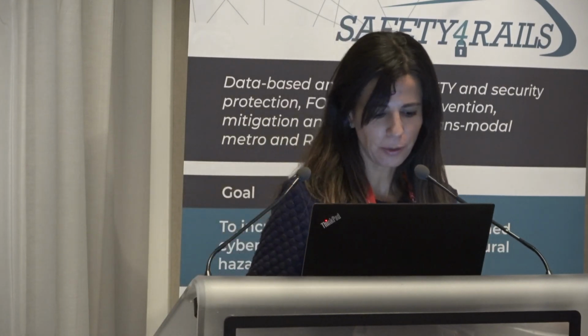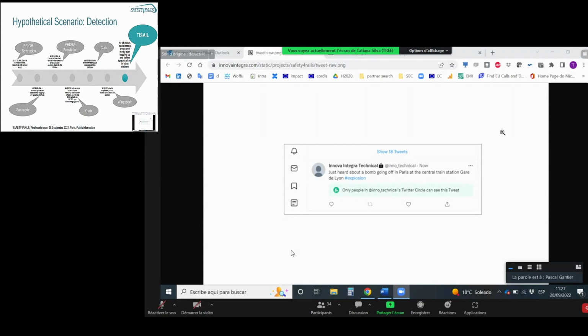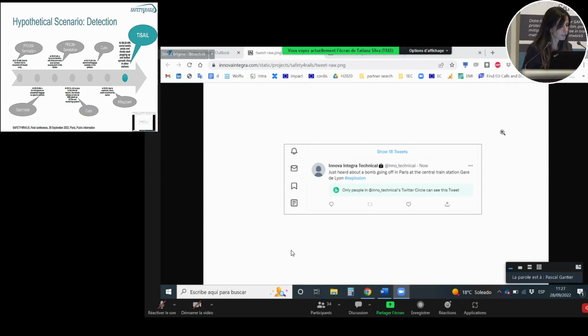Okay, so I'm Tatiana from Tree Technology, and we were collaborating with Innova Integra, another partner from Safety for Rails, and they developed this concrete model of OSINT, a software that monitors social media to find occurrences of a specific location of concern.